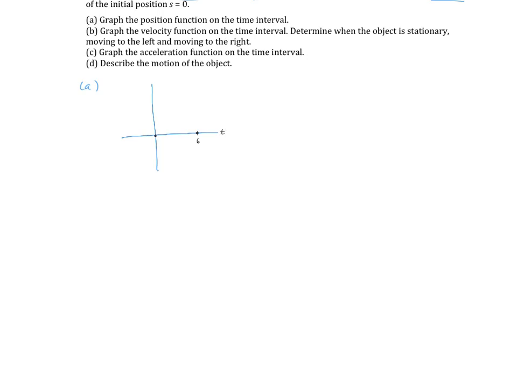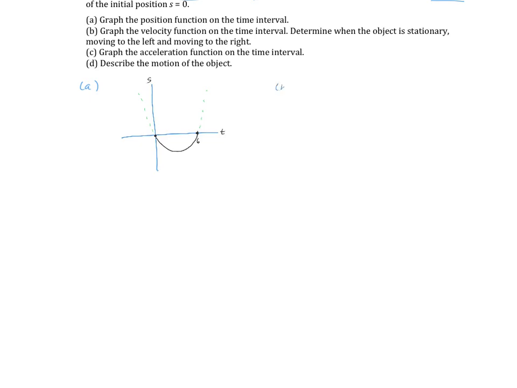So remember, this is t, this is s. And it opens up. So the parabola does something like that. Since we're only graphing from 0 to 6, that's all we need. This parabola does keep on going, right? It keeps going up, but that's actually not part of our graph. Our graph is just from 0 to 6. So what you should notice is that the position function is negative. That means from 0 seconds to 6 seconds, the object is to the left of the initial position.